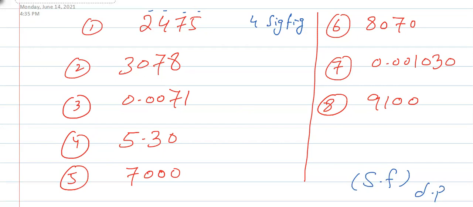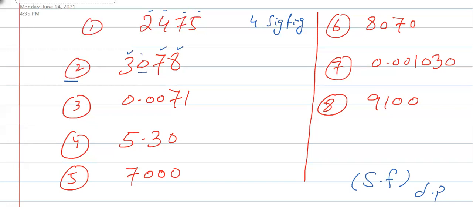Now, in the second example, we have to check how many significant figures there are. Significant, significant, significant, because non-zero digits are always significant. This time the zero is trapping, and we know if the zero is trapping, then it will be significant.